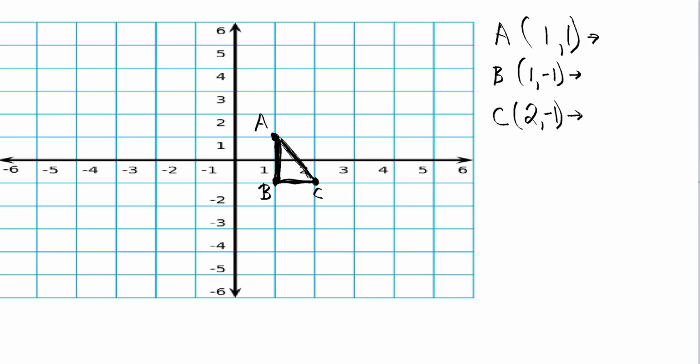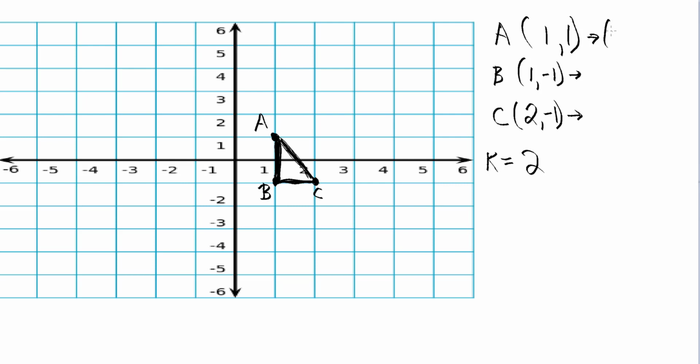So now when we have a figure on the coordinate plane, and let's say that we want to use a scale factor for this triangle, so we're going to say that the scale factor is 2. So what that means is now we're going to take each of those ordered pairs and we're going to multiply the scale factor by each of the coordinates, each part of the ordered pair.